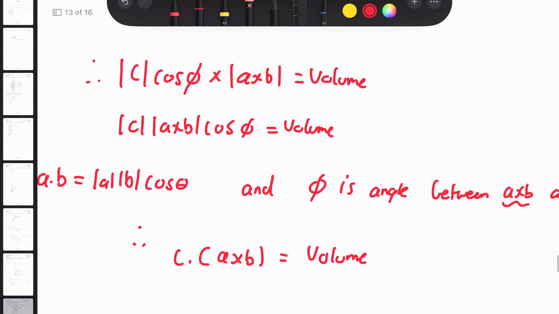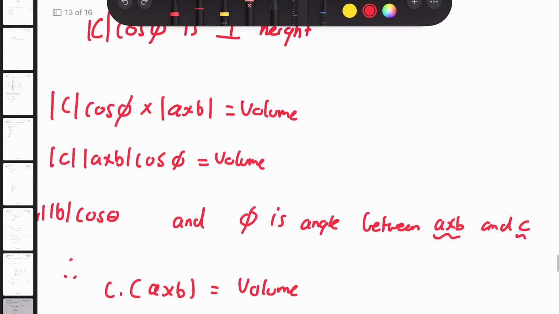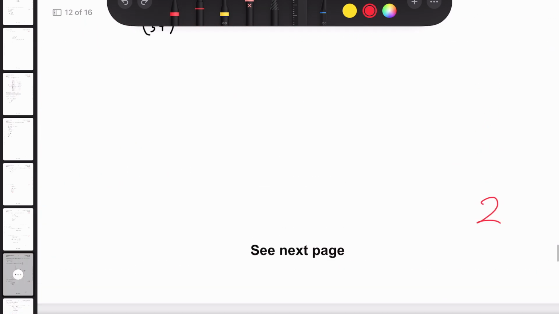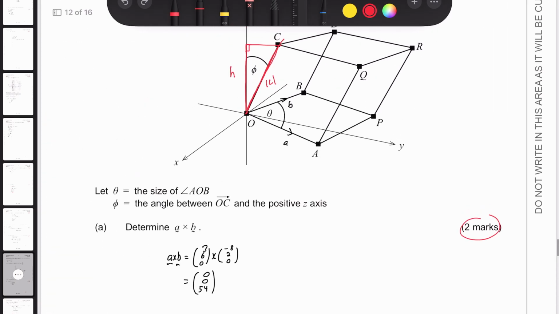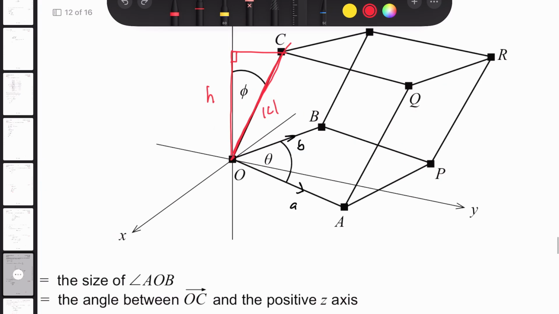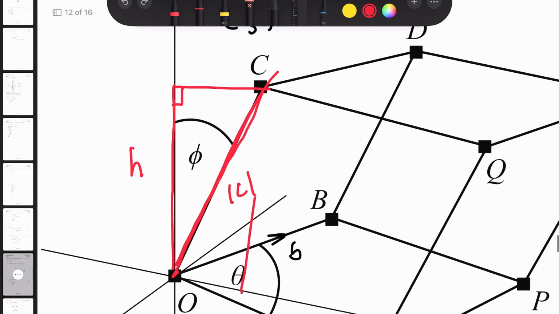And then, since this actually represents a dot product, which is how you get your c dot a times b. That's because this angle phi is also, since a times b is perpendicular, parallel to the z-axis, the angle there would also be phi.